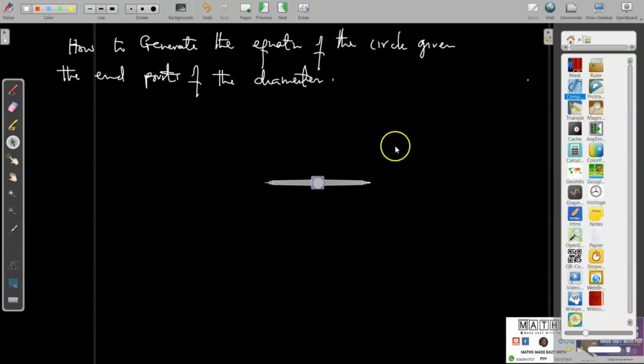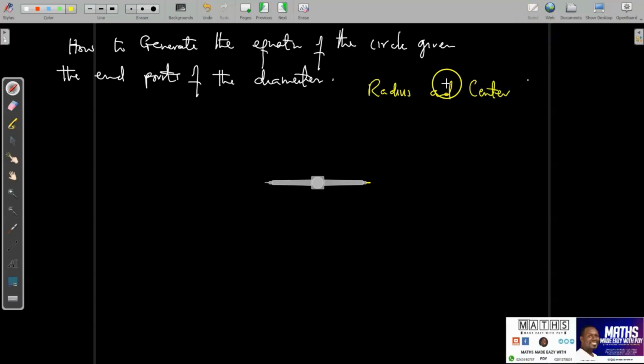So the radius. Good. So you need to know the radius and the center. They are the two main key things that can help you to write the equation of the circle.